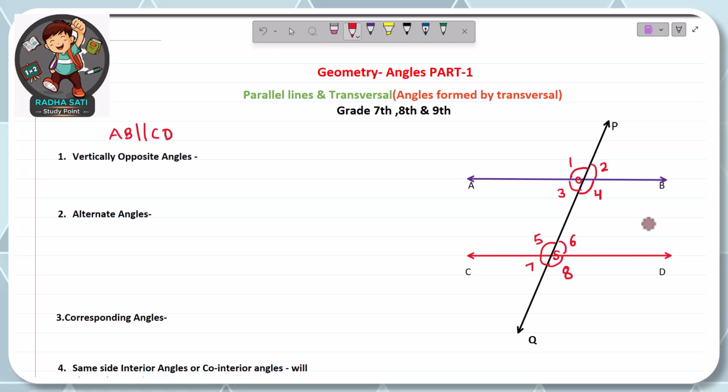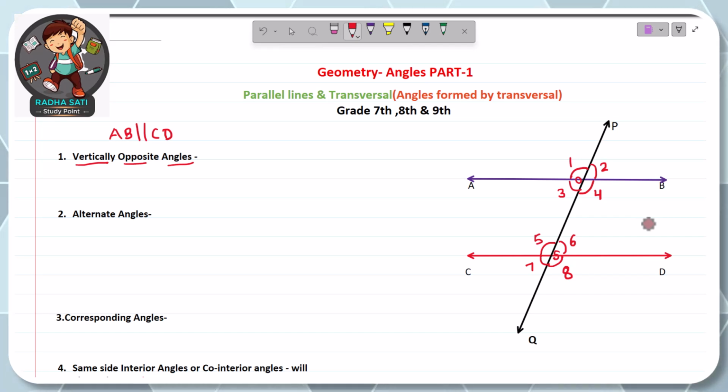So now first we will talk about the first type of angle, that is vertically opposite angles. As it is clear by its name, when a transversal intersects any parallel line, then at the point where it intersects, you can see that the opposite angles are getting formed. So these are known as vertically opposite angles, and these angles will always be equal.